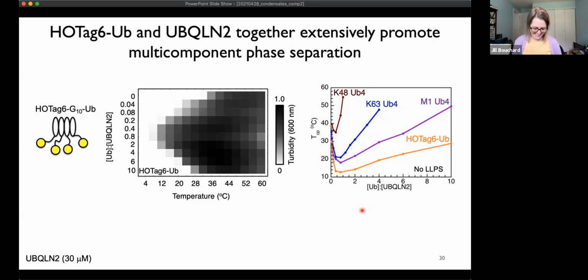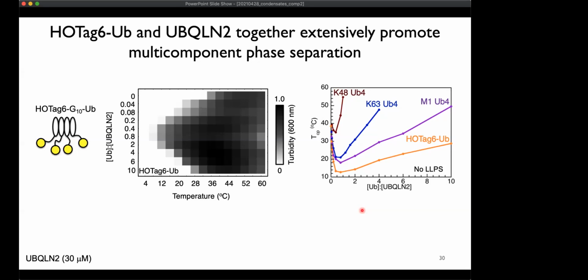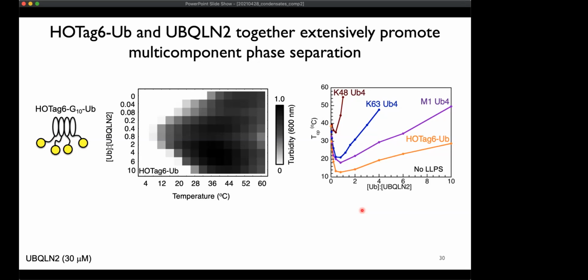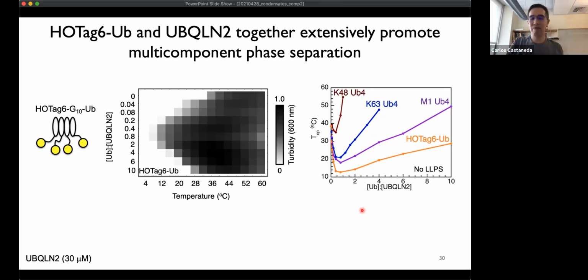Carlos, it was really, really interesting data. I don't think I'd seen a lot of this thus far, but my question is echoing back to the questions you were getting at the very beginning. One thing about this system that I find really interesting is that when you're adding these ubiquitin polymers into the ubiquilin droplets, you're really adding a polymer that has very different hydration properties than the ubiquilin.